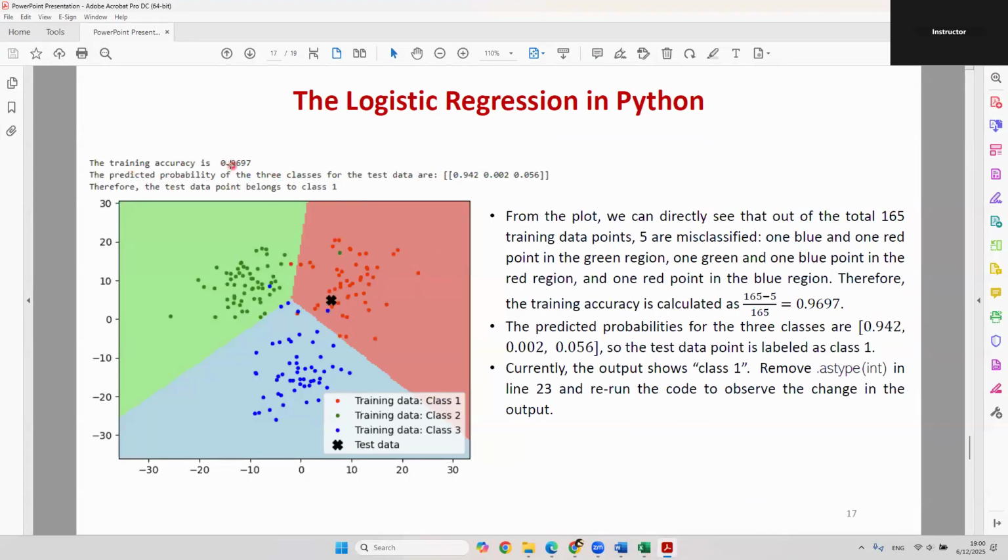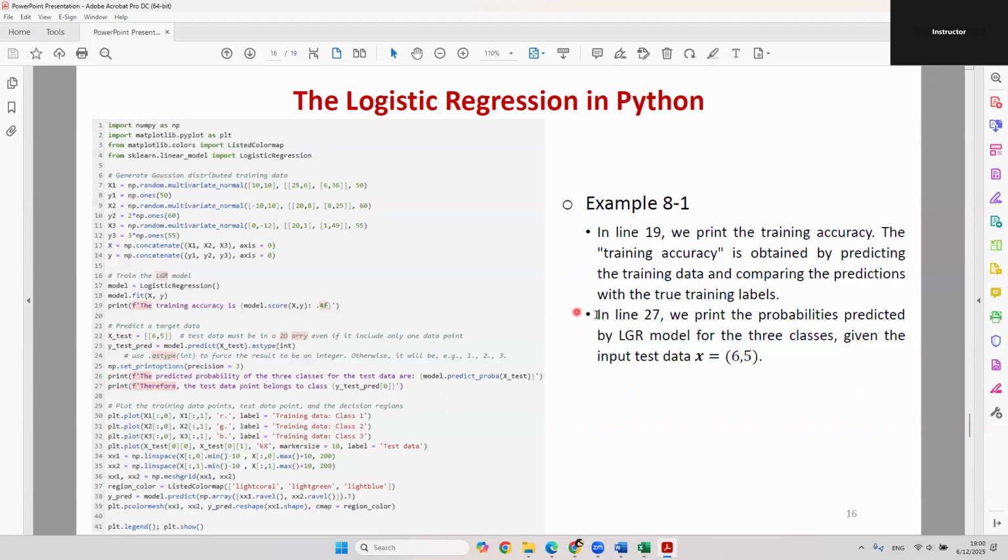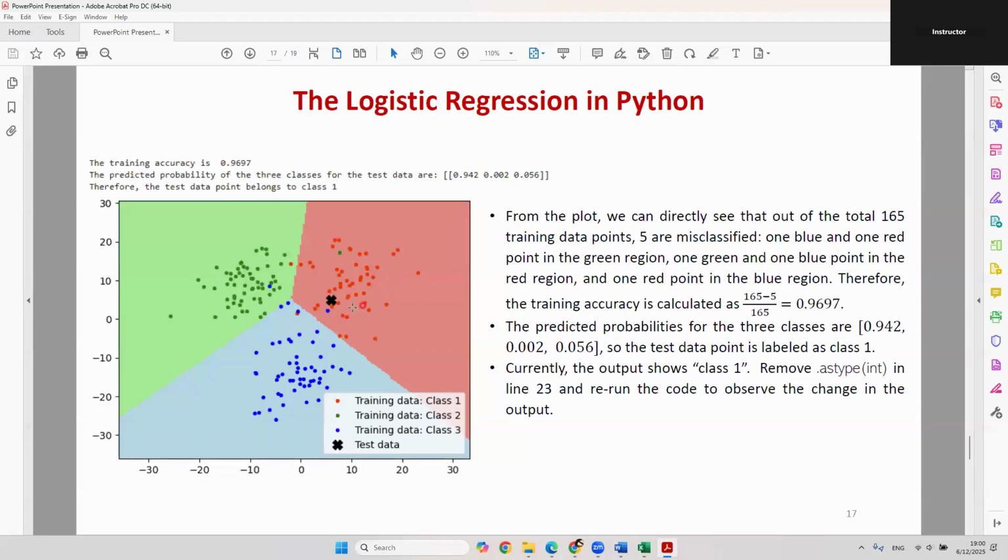Here, the first thing is training accuracy. The training accuracy is actually very simple. It's computed by, first of all, predicting the training data and then comparing the predicted label with the true label. For example, in my slide, we can clearly see five data are misclassified.